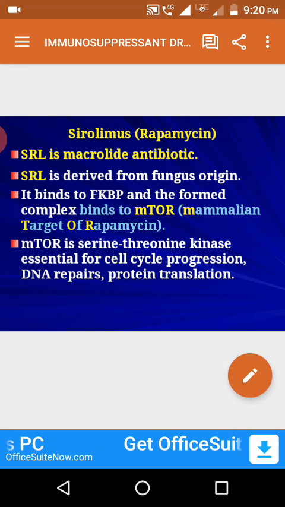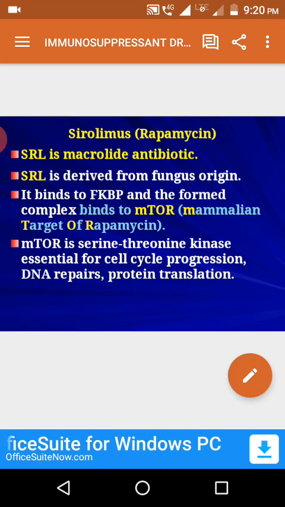Once the sirolimus and FK binding protein complex is formed, that complex binds to one more protein called mTOR, small m and capital T, O, R. mTOR stands for mammalian target of rapamycin.